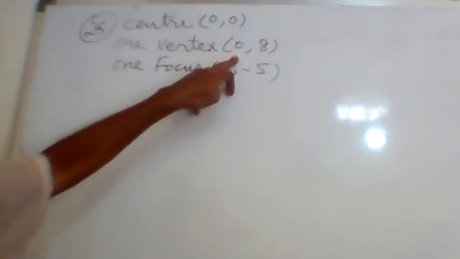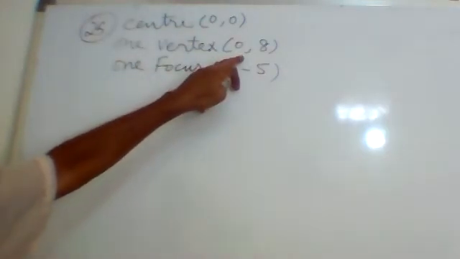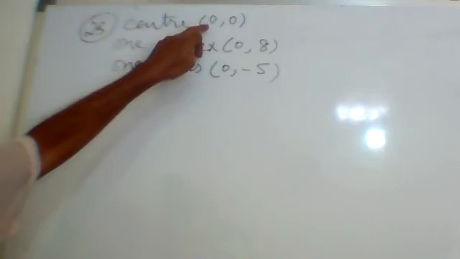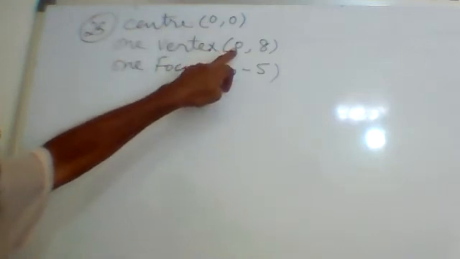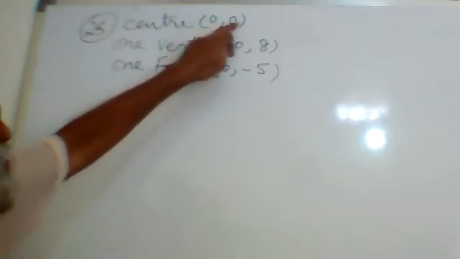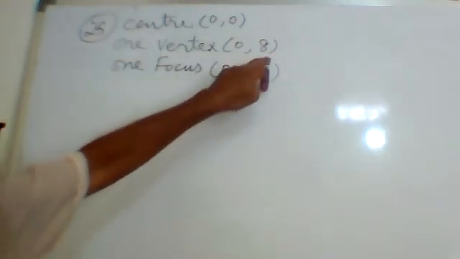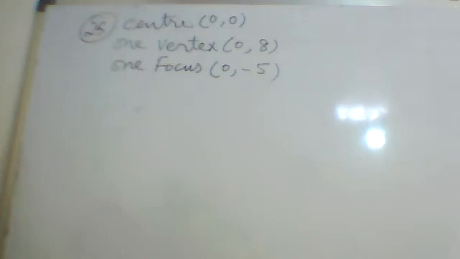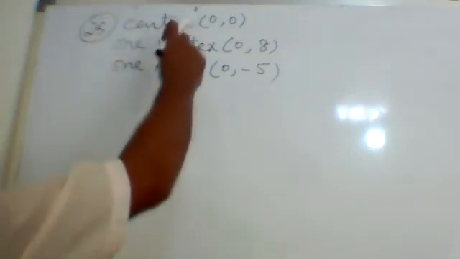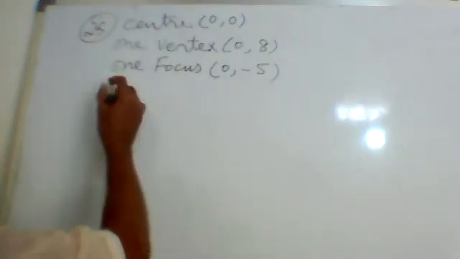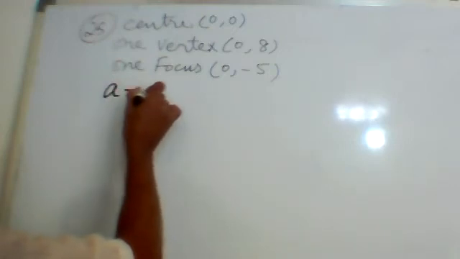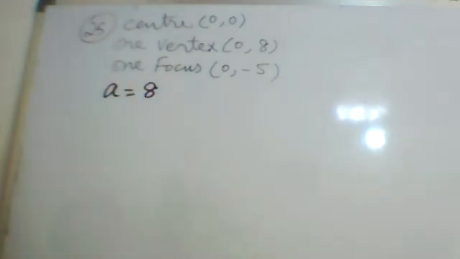So from center to the vertex is A. Find the distance from center to the vertex. The x coordinate is the same, 0, and the y coordinate is changed from 0 to 8. So the distance from 0 to 8 will be A. Therefore A is 8.